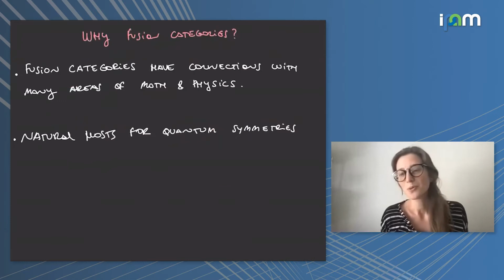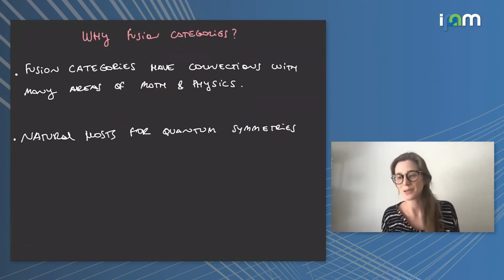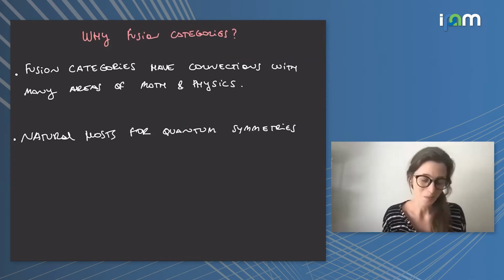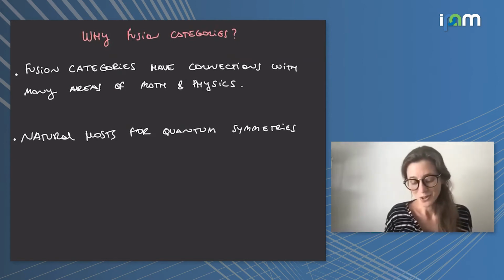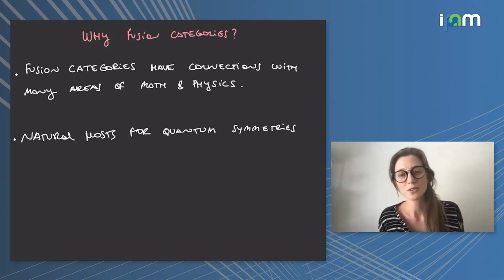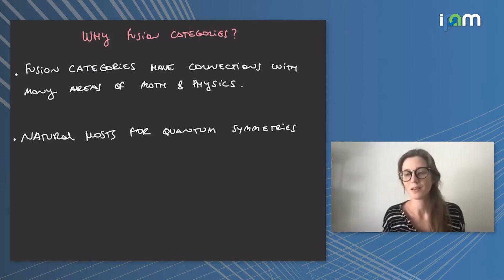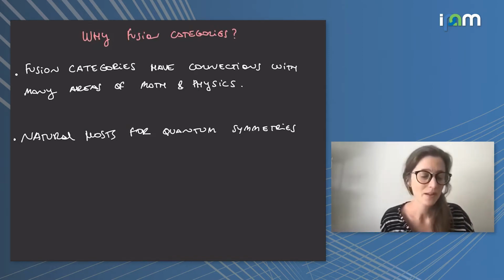At this point, you might be convinced already that fusion categories are interesting, but let me tell you a little bit why I really love this topic. I enjoy this topic a lot because it has connections with many, many areas of math. As you might have seen already, there are links to VOAs, conformal field theories, TQFT.